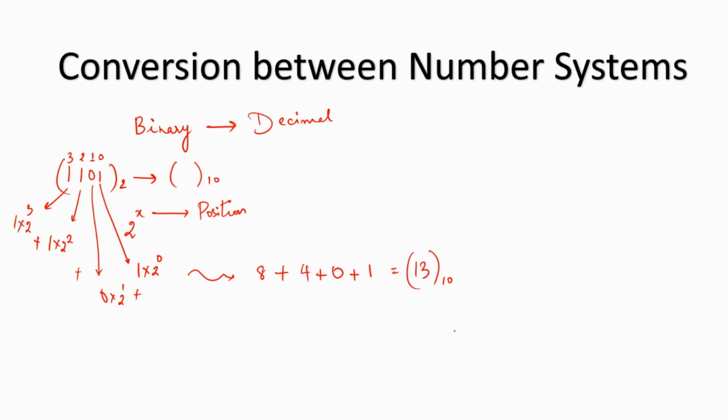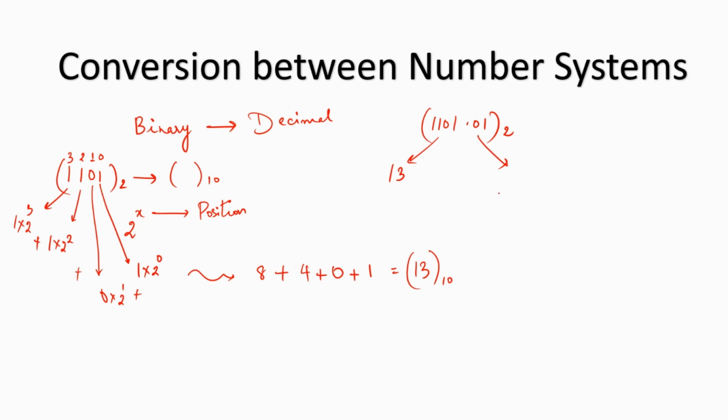Suppose I have a number with a fractional part. So say I have 1101.01. This is my binary number. So here again, we'll deal with the non-fractional part separately and the fractional part separately. So this is 13. And how do I deal with this?